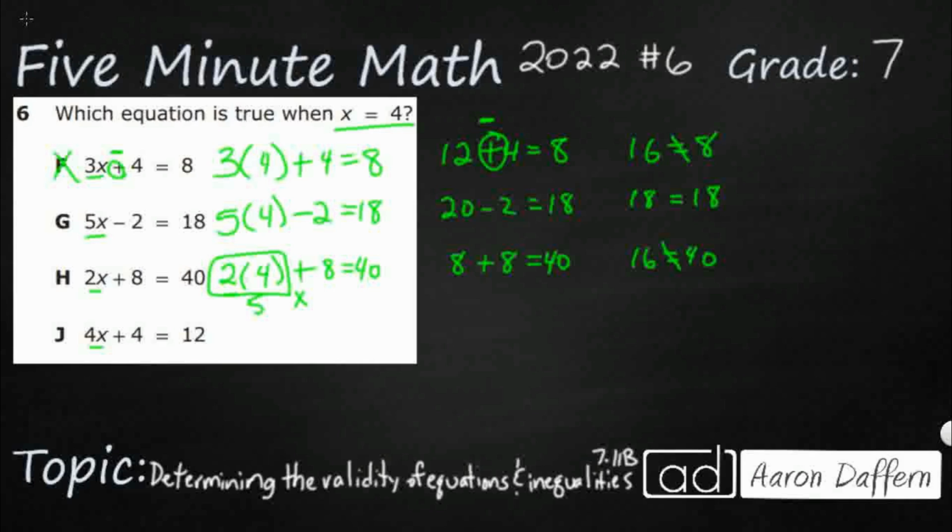But I don't know what you would have had to do wrong to make H a correct answer. Oh, I see what they did here. Look at this. We did 2 and 8. You add those, you get 10. Then you multiply by 4. That was such a wrong answer. It took me a while to figure out what that was. Still incorrect, but now I see why some people might get it.